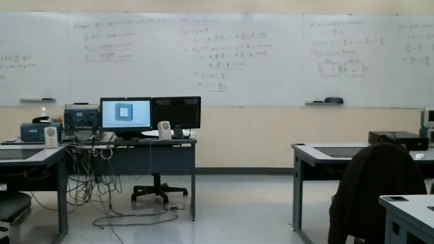So if the secondary voltage is higher than the primary voltage, that's if N2 is greater than N1, the secondary current will go down by the same factor. So if the secondary voltage is higher than the input voltage by a factor of 10, the secondary current will be smaller than the primary current by a factor of 10. That's power conservation.